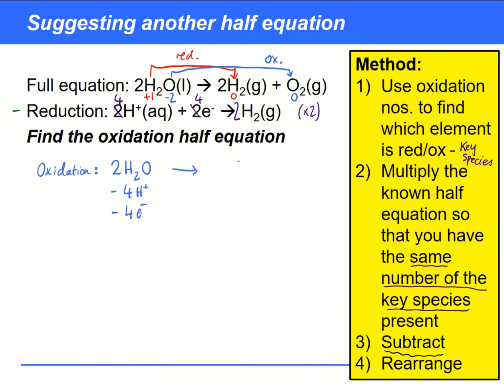They cancel, and then we're going to have O2 over here. So the final step is simply to rearrange so that we have only pluses, because in chemical equations we don't tend to have minus signs. So we add 4H pluses to both sides. We have 2H2O. 4H plus come over to here, the 4 electrons will come over to here as well, and we've got O2. And that's the second half equation for the oxidation process.